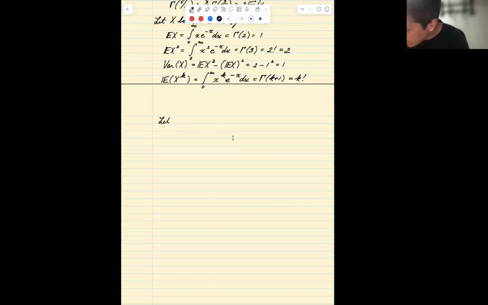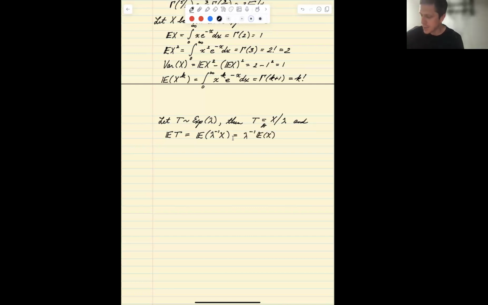So then if we were to let t be exponential lambda, then we know that we can express t as equal in distribution to x over lambda. And in this case, the expectation of t is equal to the expectation of x over lambda, which is the expectation of x divided by lambda, which is just 1 over lambda.